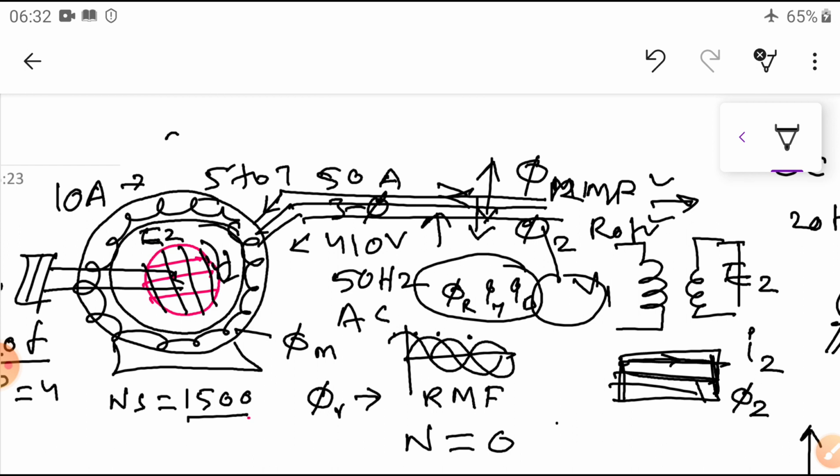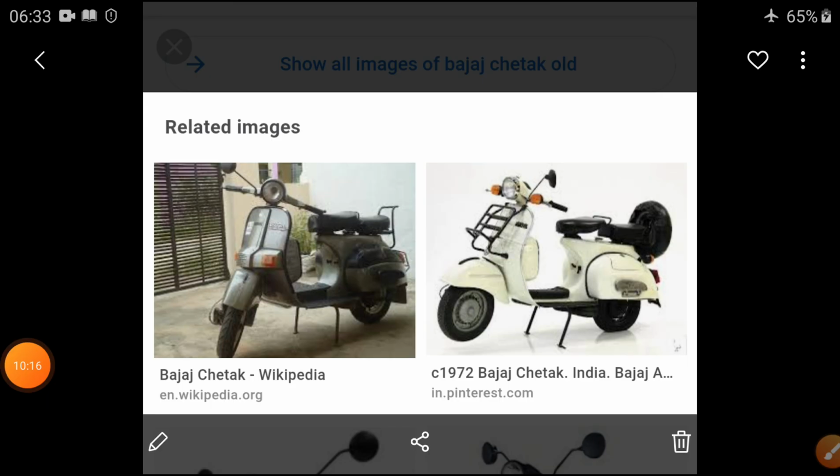So dear students, let us analyze this with a known example. Have you seen this? The Bajaj Chetak, an old and gold vehicle. Have you tried it? It has a gearing system. It has a first gear, which is opposite to the second, third and fourth gears.